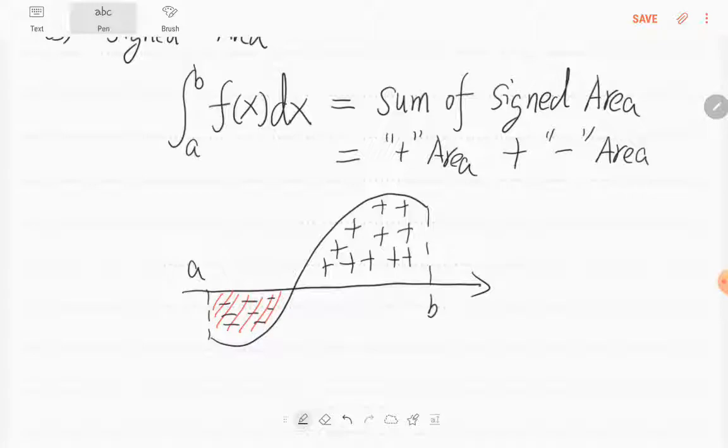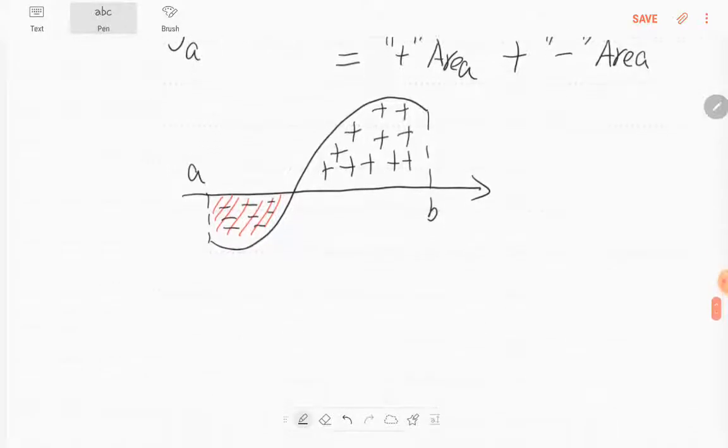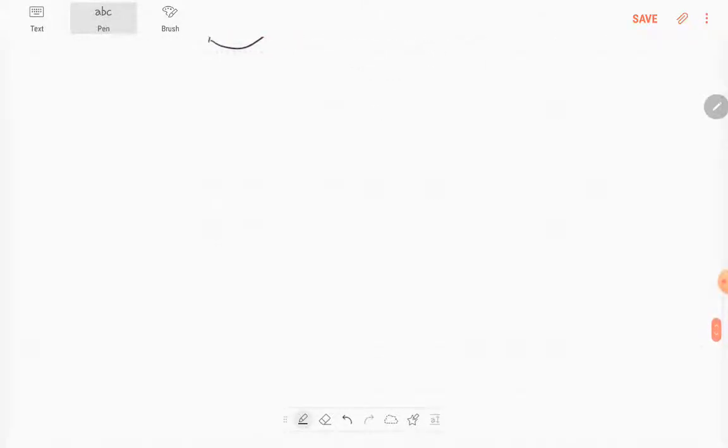Okay, so now let's look at an example. We want to compute the integral from -1 to 2 of x dx.